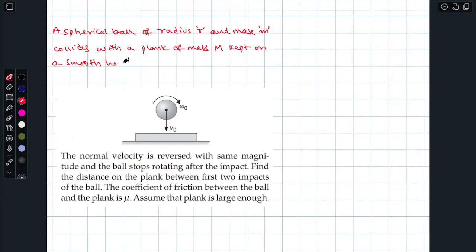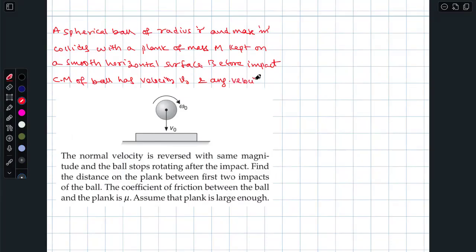Smooth horizontal surface. Before impact, the center of mass of the ball has velocity v naught and angular velocity omega naught as shown in the figure.